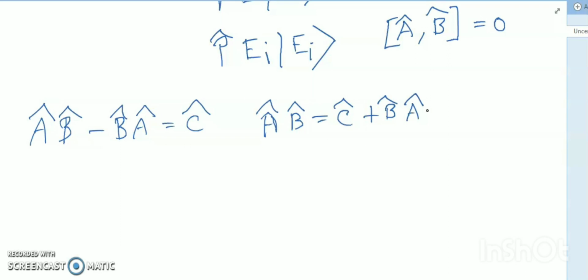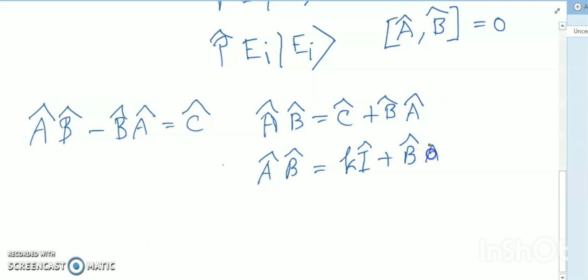Now that is great and all, but so far this is just mathematical sleight of hand. A cap B cap is equal to C plus B cap A cap.